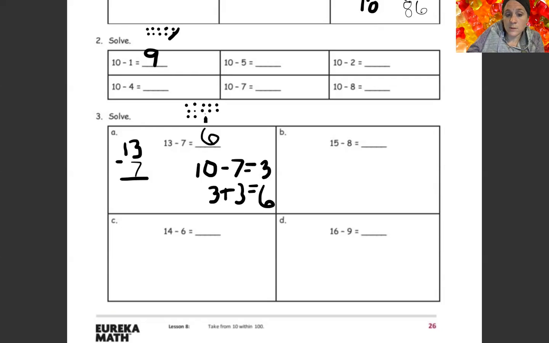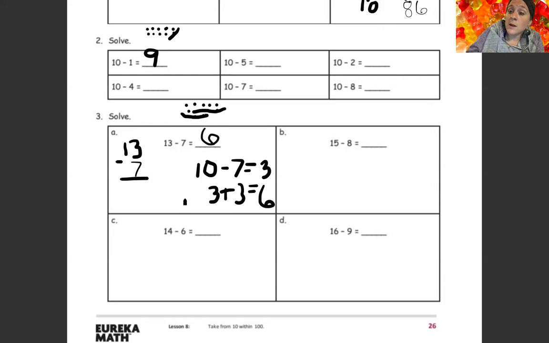It's too small, but it's there. Okay, ready? So now we're going to take away 7 of those. 1, 2, 3, 4, 5, 6, 7. What's left? 1, 2, 3, 4, 5, 6. 6 is what's left. That's what we got.